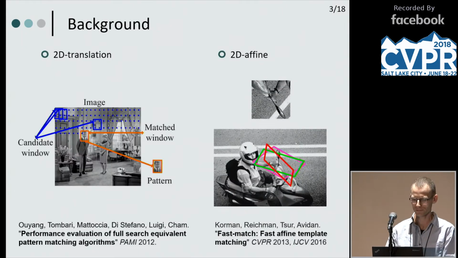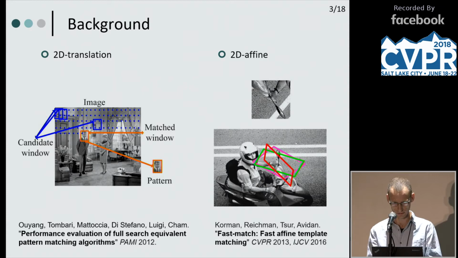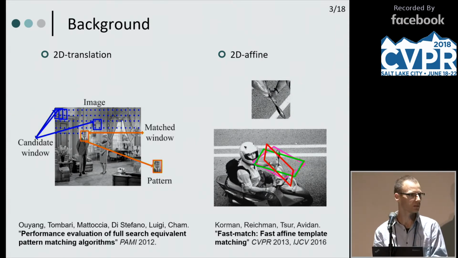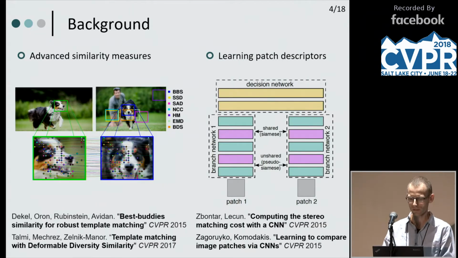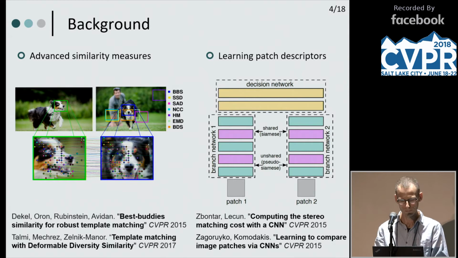Some background. Classical template matching works in a 2D translation sliding window manner with L1 or L2 similarity measures. This was later extended to higher dimensional spaces, such as in the FAsT-Match method, where 2D affine space is used. Here are some more recent methods that handle both occlusion and deformation.